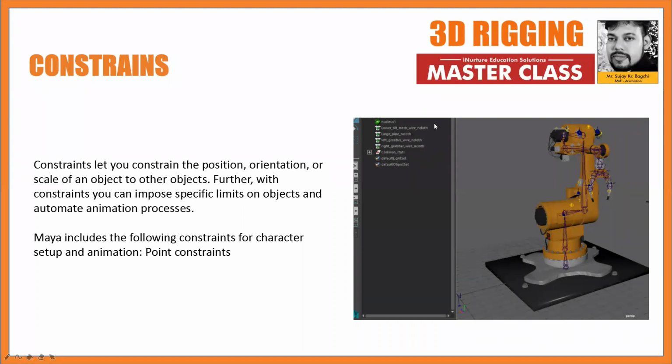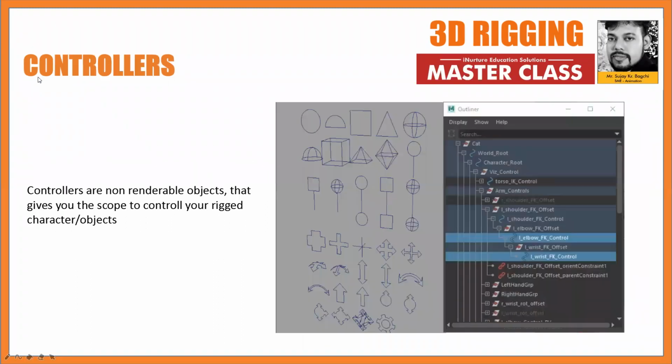For the next slide, again it's a terminology called controllers. Controllers are something that basically helps us to hold with the mouse pointer, and we can drag to our desired pose, and definitely that is a non-renderable object.